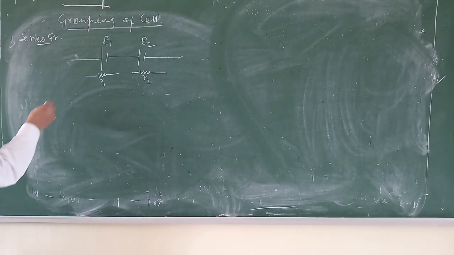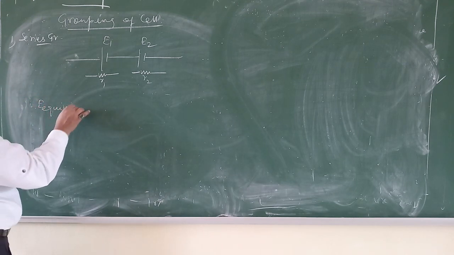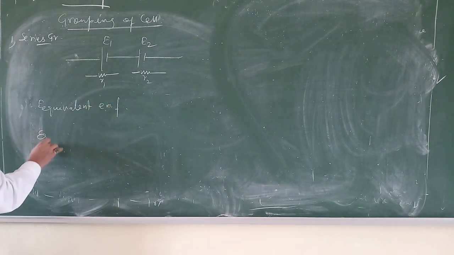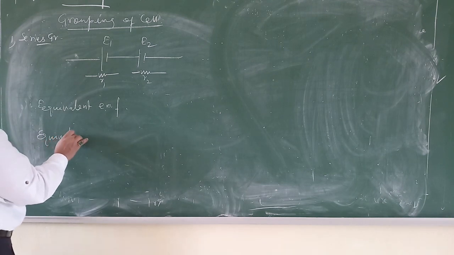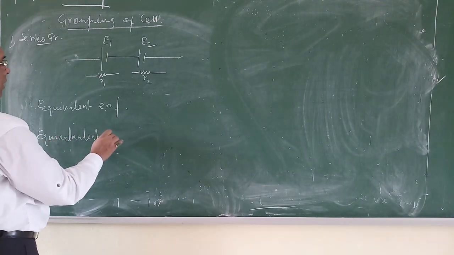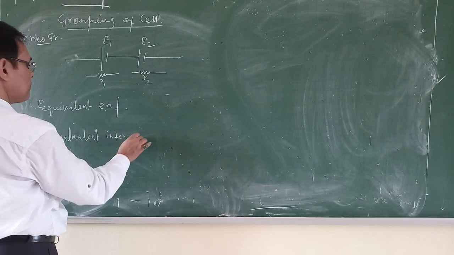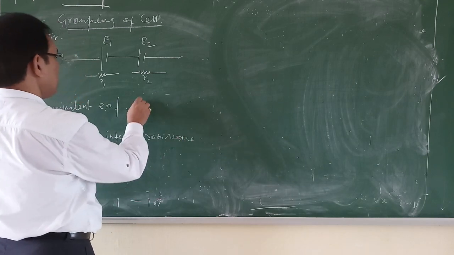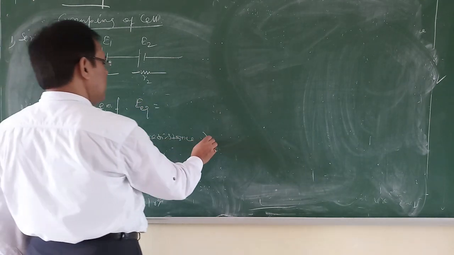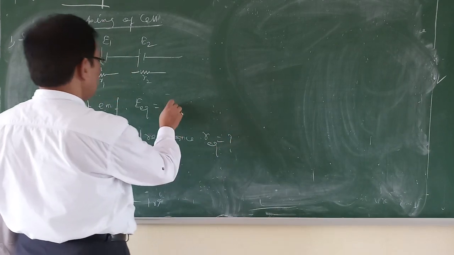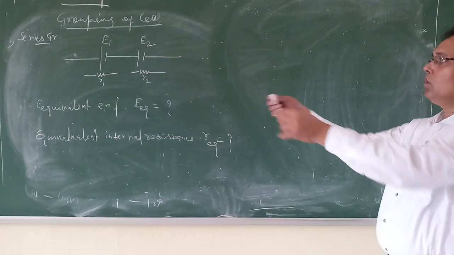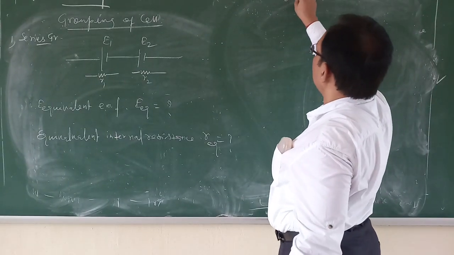Then we have to find their equivalent EMF and equivalent internal resistance, E equivalent and R equivalent. These two you have to find out. But before finding these two, you should first know about the EMF.